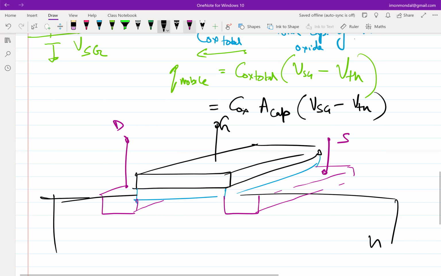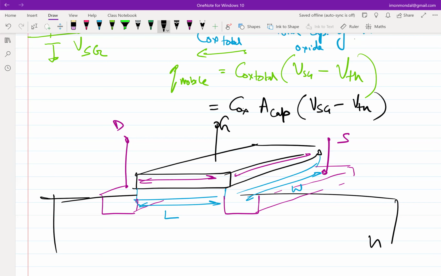It's basically multiplication of this and this. And this region is called the length of the device, because the carriers have to flow through this entire length. And naturally, the other dimension is called width or W. So your area of the cap becomes W times L.